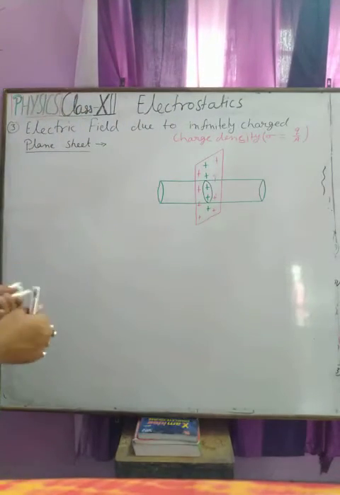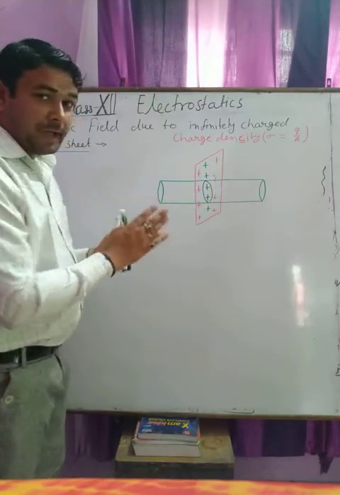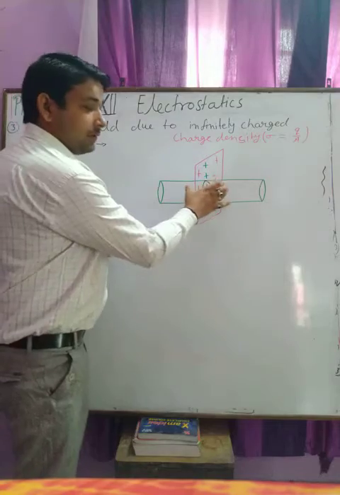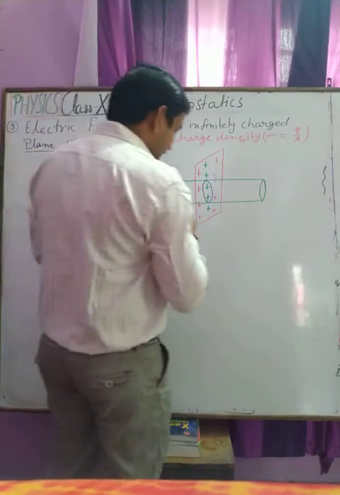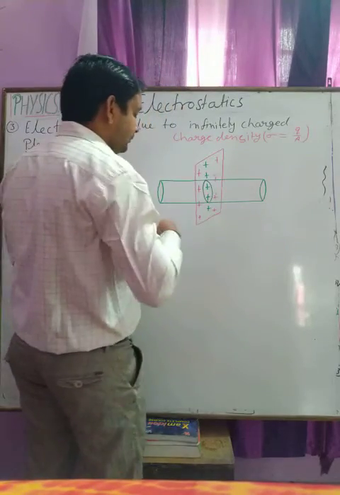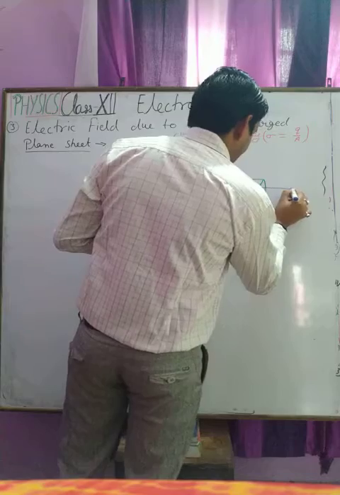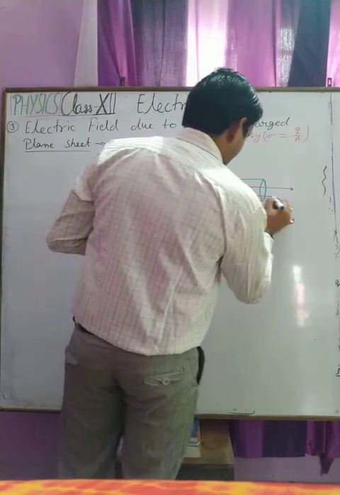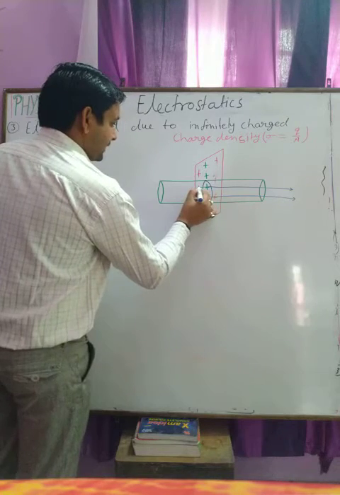So this cylinder behaves as a charge source, and the electric field due to this cylinder is passing through its flat surfaces like this.